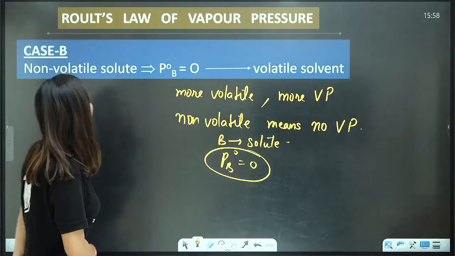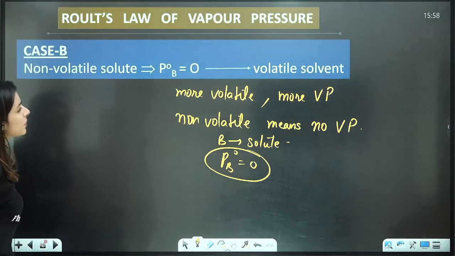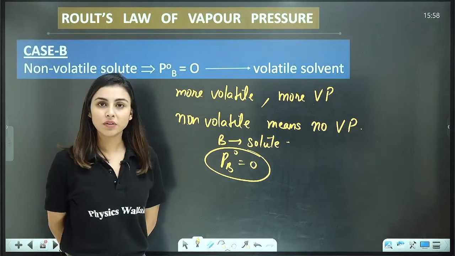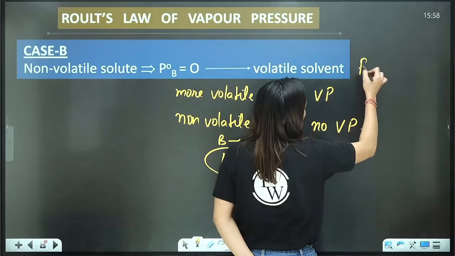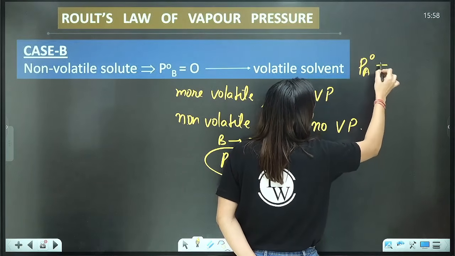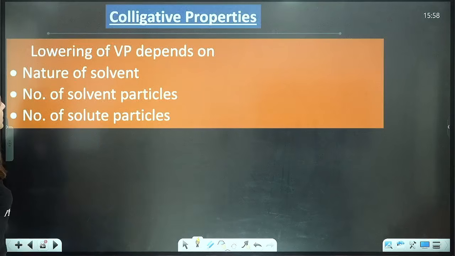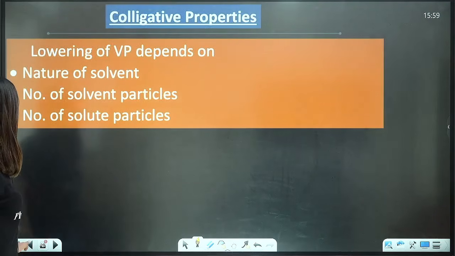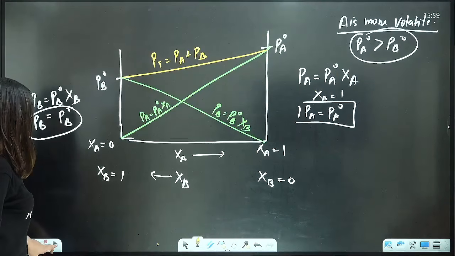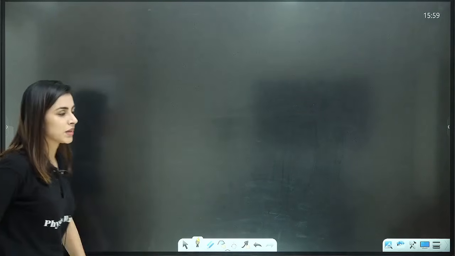So non-volatile solute means PB naught is equal to 0. Solvent is volatile. This means that PA naught is not equal to 0. Perfect. Let's move forward. Now we are going to talk about the lowering of vapor pressure. I'll just make you understand this.